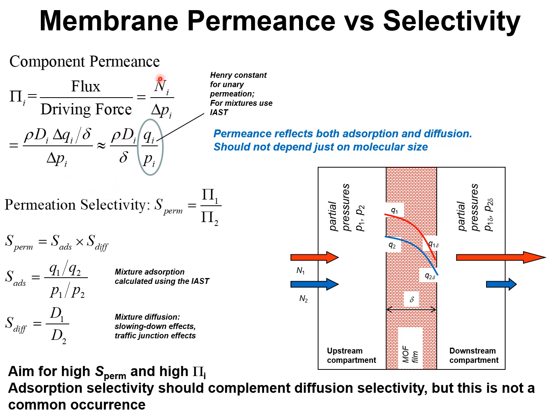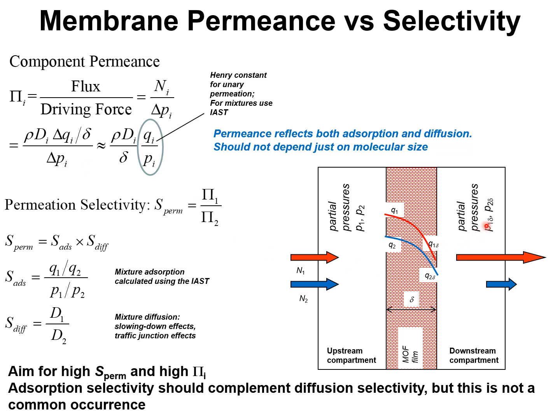If we write the expression for the flux as the membrane density times the diffusivity times the difference in the component loadings, Q1 minus Q1 delta, or Q2 minus Q2 delta for component 2, divided by the film thickness. And the driving force is delta Pi, where delta Pi is the partial pressure difference.